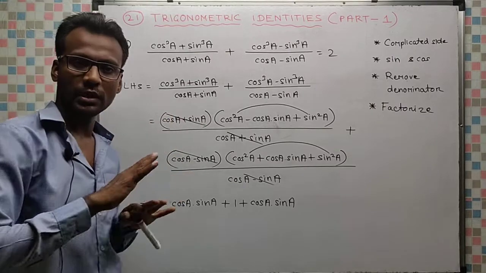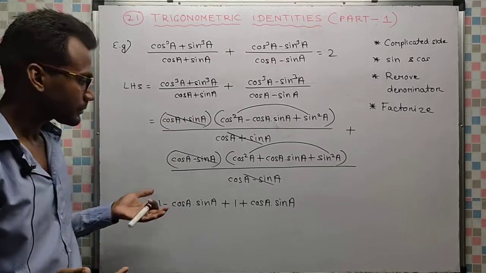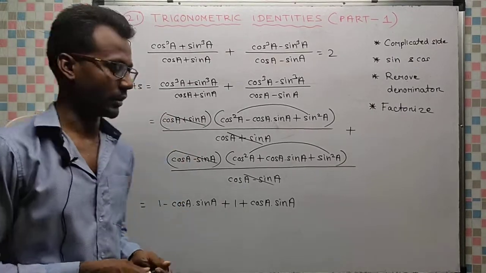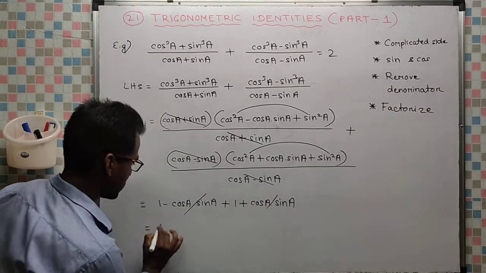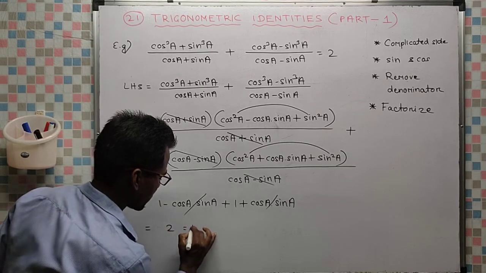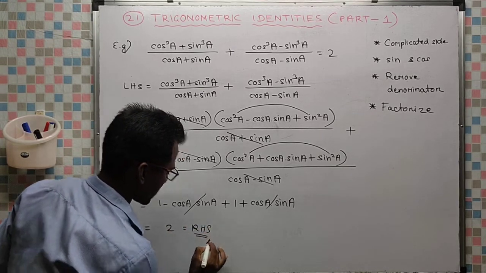Slowly, first I removed the denominator by factorizing, then I put the identity. So minus cos A sin A plus cos A sin A is cancelled. 1 plus 1 is 2, which is the RHS.